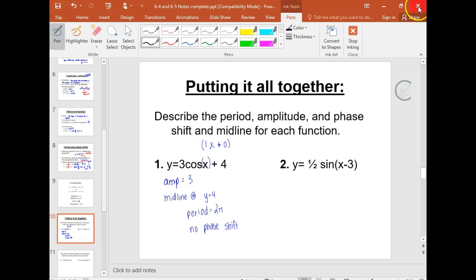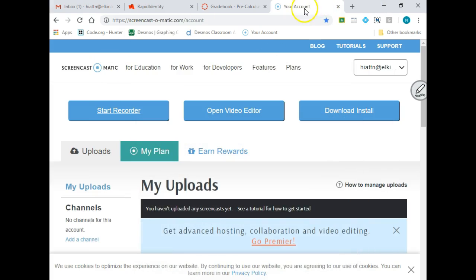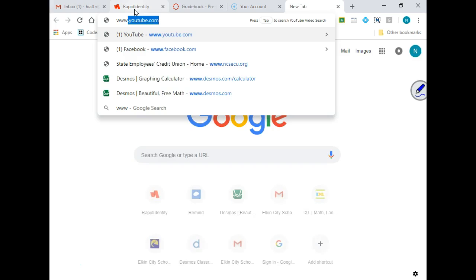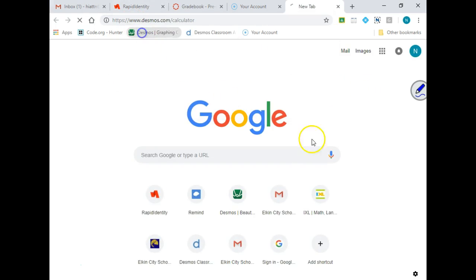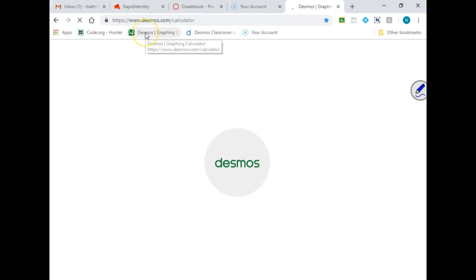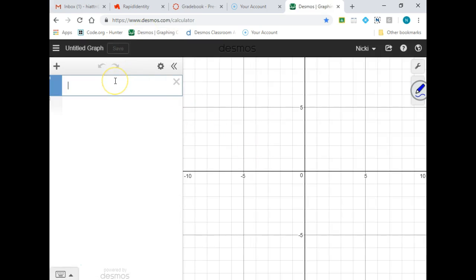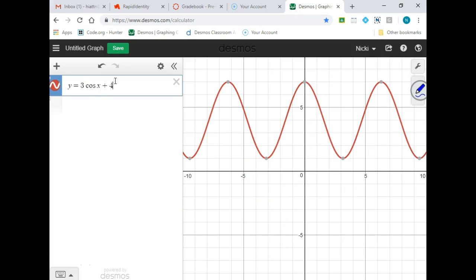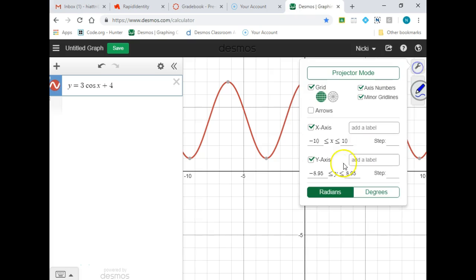Let's do this. I think it's a good idea as we go along here to look at the graphs. All right, so if we graph y equals 3 cosine x plus 4, and let me change my axis here.